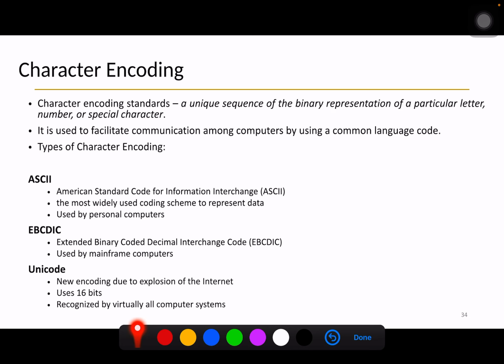If we use an unusual representation, meaning only our computer can understand that coding, then what happens to the other computers? They cannot understand it. When it cannot be understood, communication between the computers or a group of computers cannot be done.